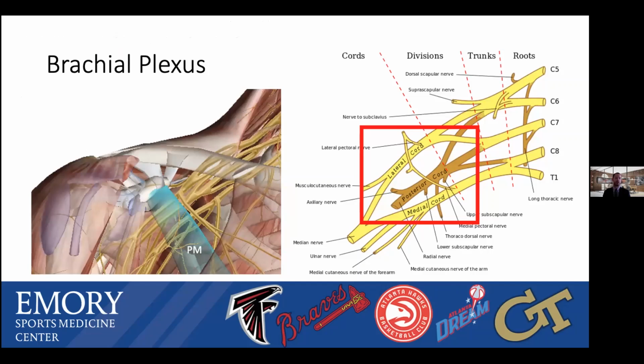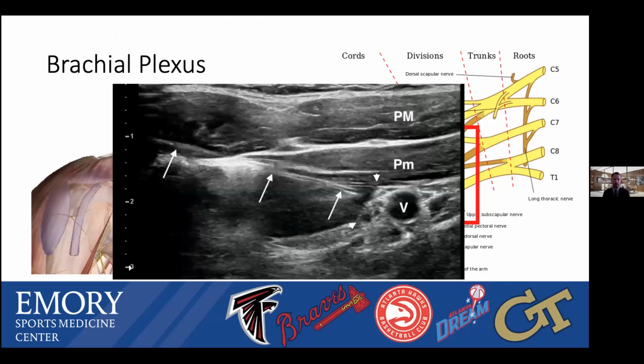Then the other site of compression for the plexus is underneath the pec minor, and I'd say this is more common from what we see. The pec minor inserts onto the coracoid, and underneath that are your cords: your lateral, posterior, and medial cord. This is us doing a diagnostic injection into the pec minor for neurogenic TOS.